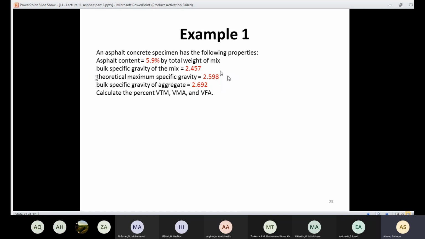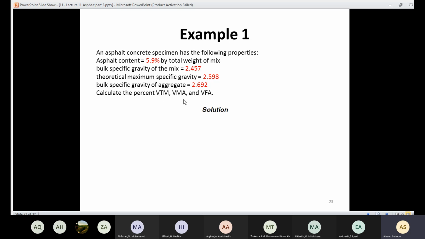This one represents the value of G sub SB. Now we need to determine the VTM, VMA, and VFA. In this example, it's going to be straightforward because we have all the values. So I'm going to see the solution.